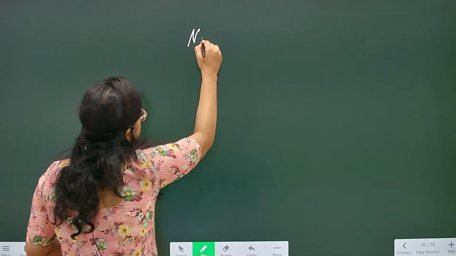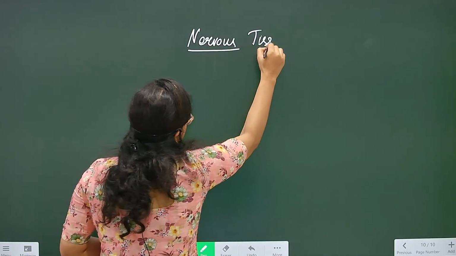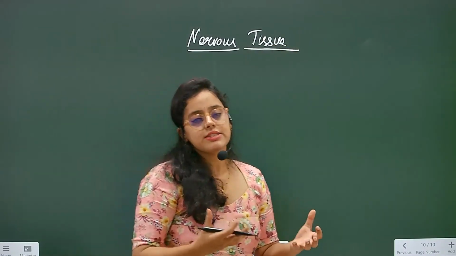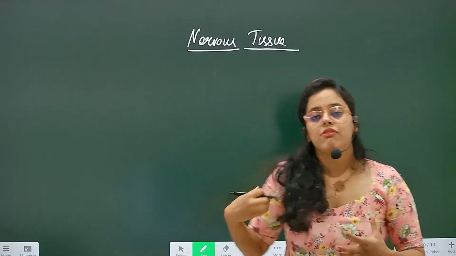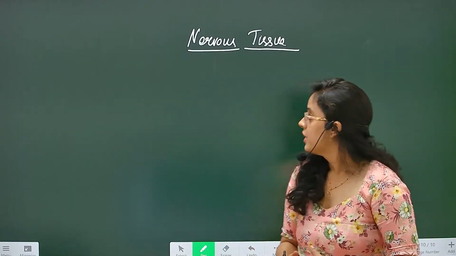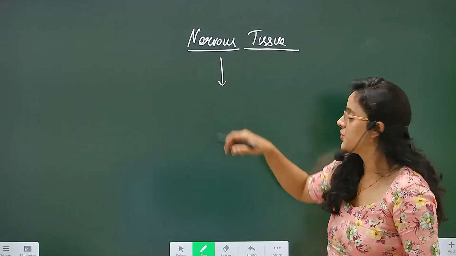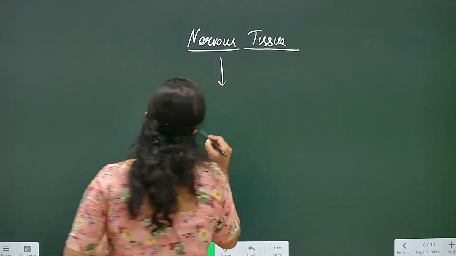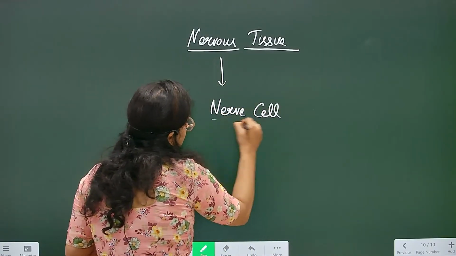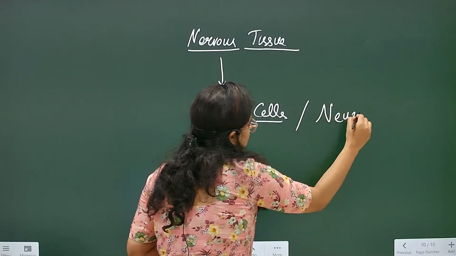Nervous tissue is a specialized tissue which perceives sensory impulse and which reverts back to the stimulus. Okay, so this is done by nervous tissue, and this nervous tissue is formed by nerve cells, also called neurons.